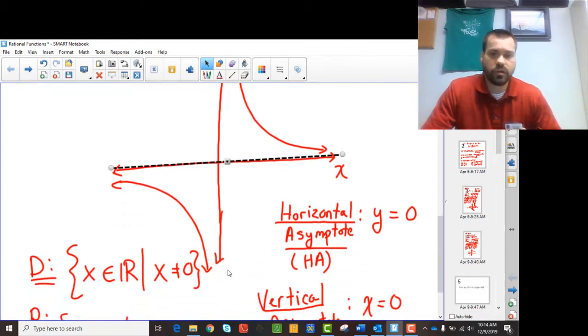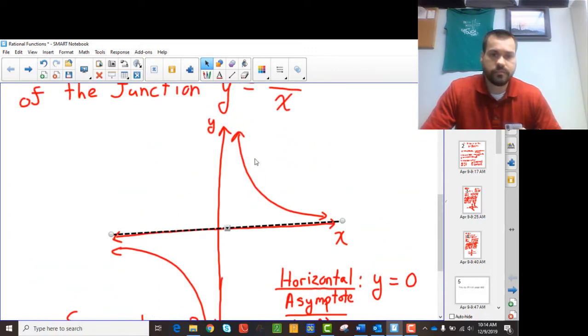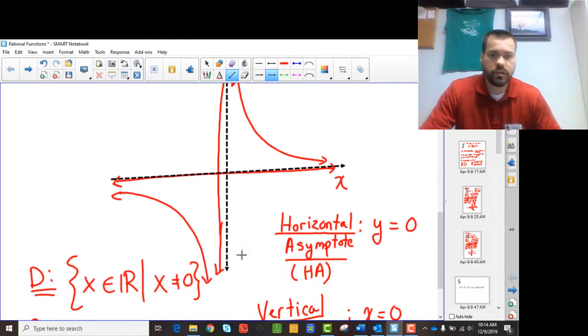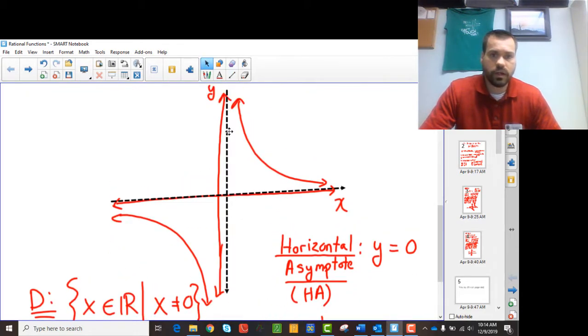We also have a vertical asymptote. You'll notice if I take this line again and draw it this way, there is also a line that these are approaching in the y. So this one is going down towards negative infinity, and then it's starting up at positive infinity and coming back down.